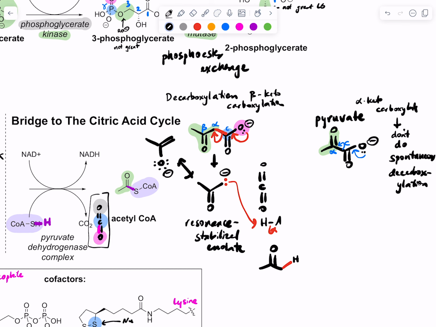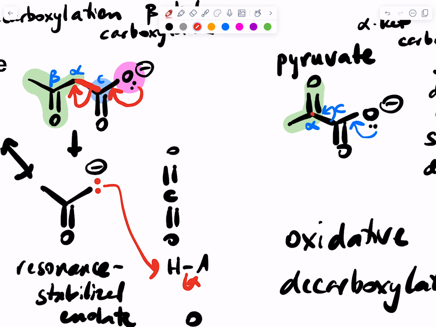Alpha keto acids undergo what I'm going to call oxidative decarboxylation. Why is it oxidative? Because we have to have somewhere to put these electrons. This is important to get now because this kind of thing shows up one more time in the citric acid cycle. All right.